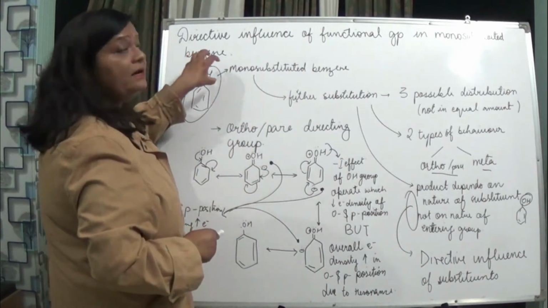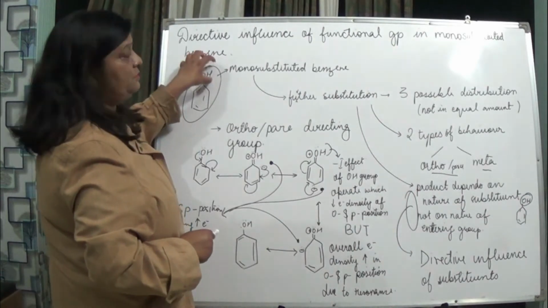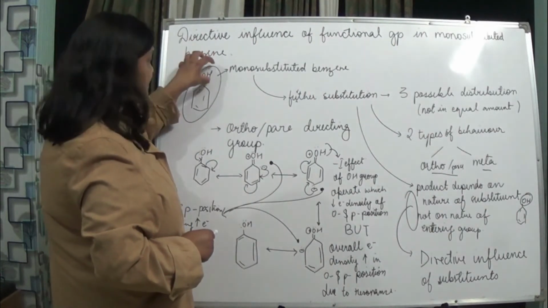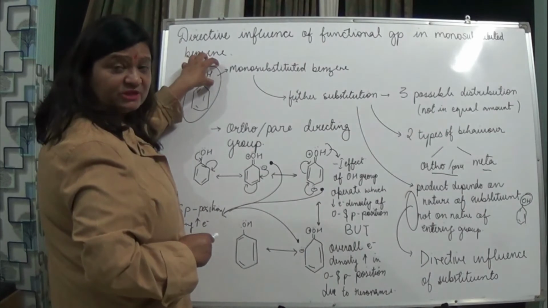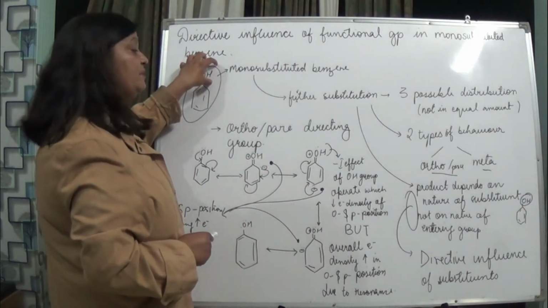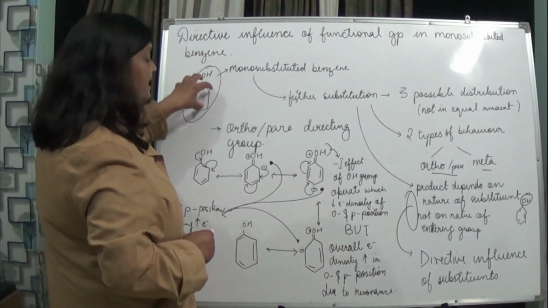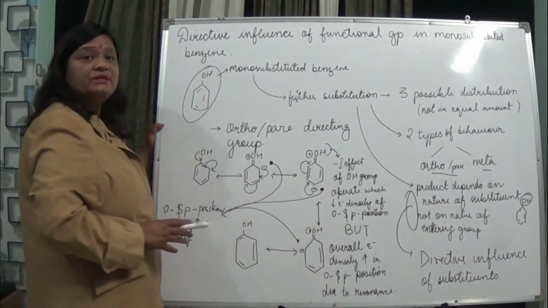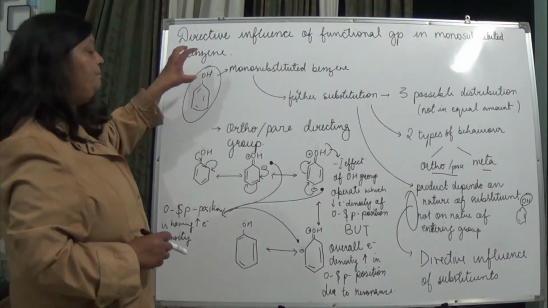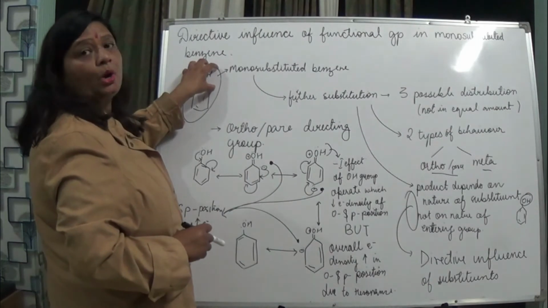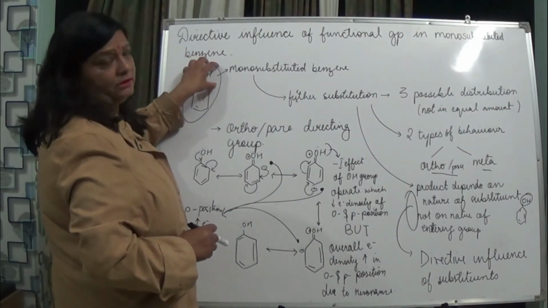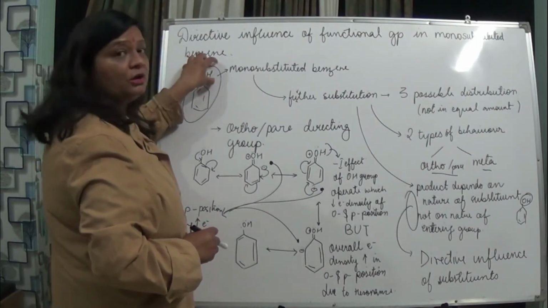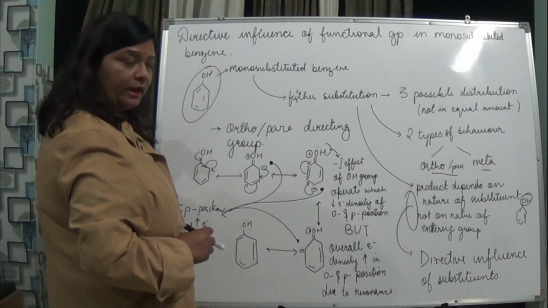It depends upon the substituent which has been attached to the benzene, and thereby the directive influence of the substituents is shown by the nature of the functional group which is present over there.